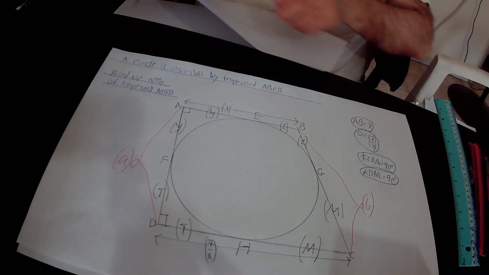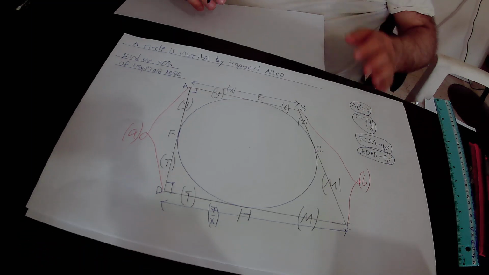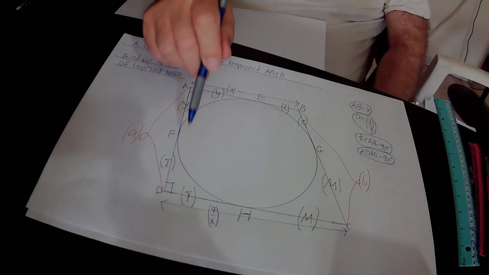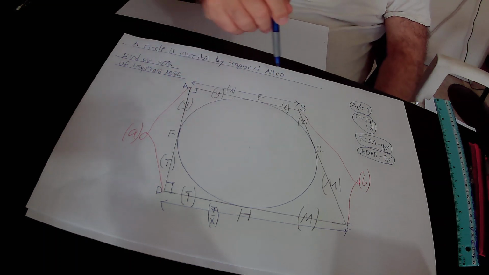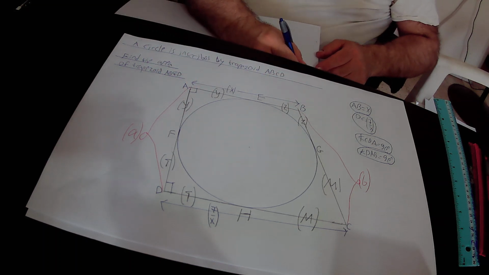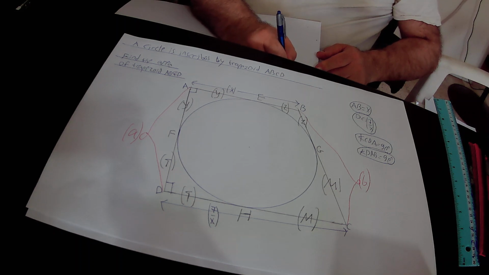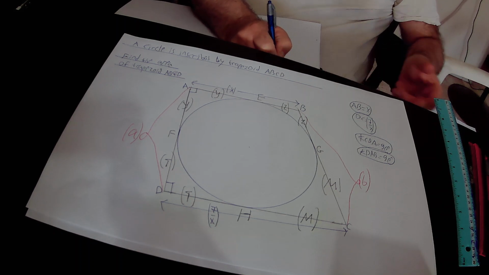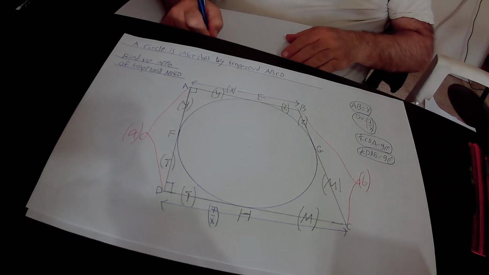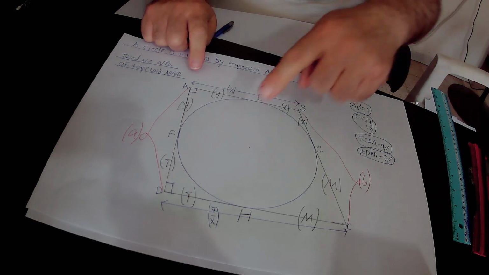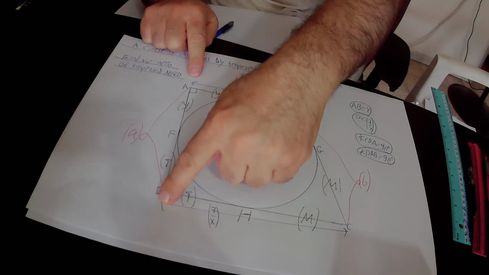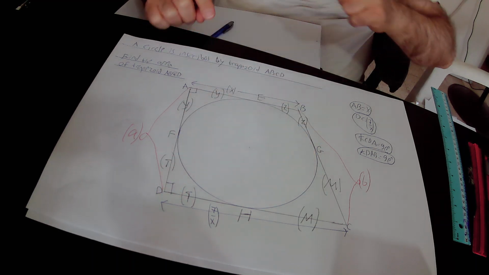Likewise, we take side AD and the opposite side BC. So what is the value of AD plus BC? AD, according to rule 2, equals y plus t.